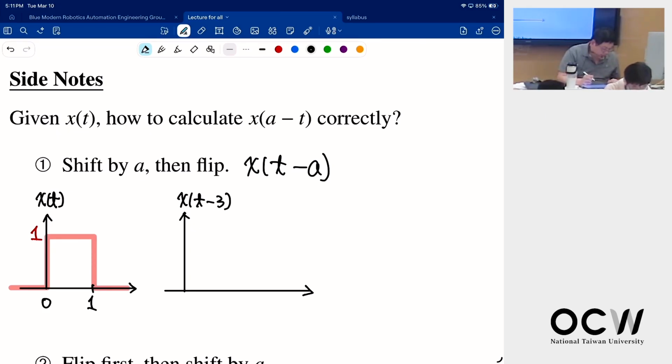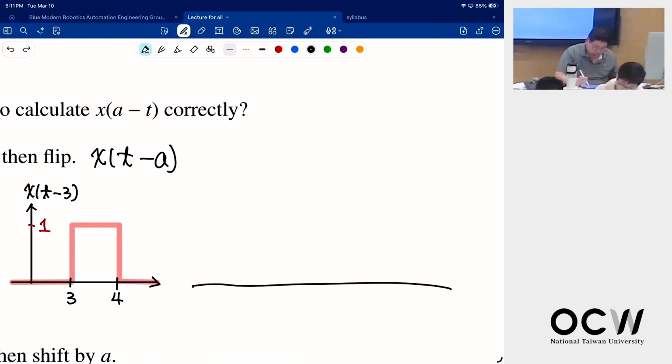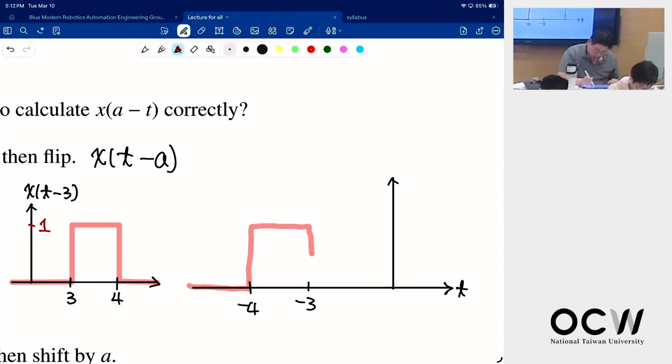If I shift by 3, then I should have 3 and 4. This is still 1. And then I flip. When I flip, there will be minus 3 and minus 4. This is 1.